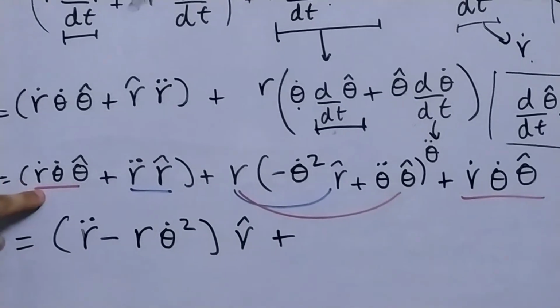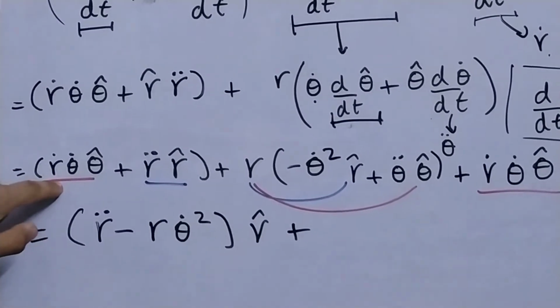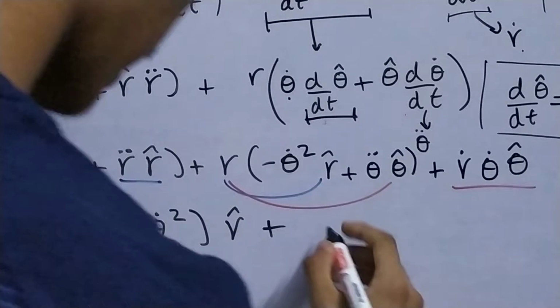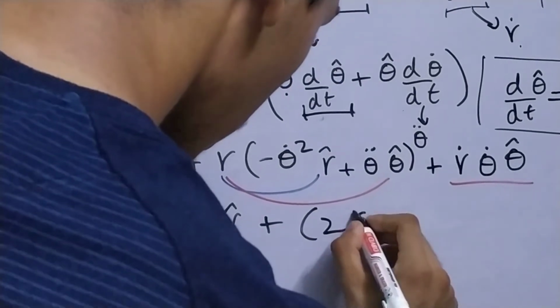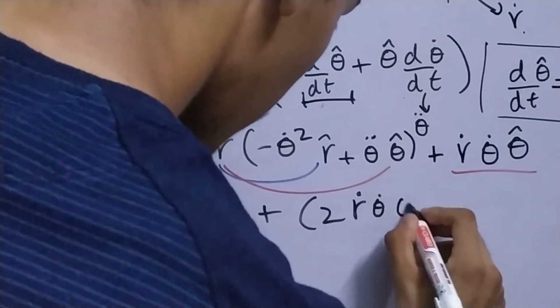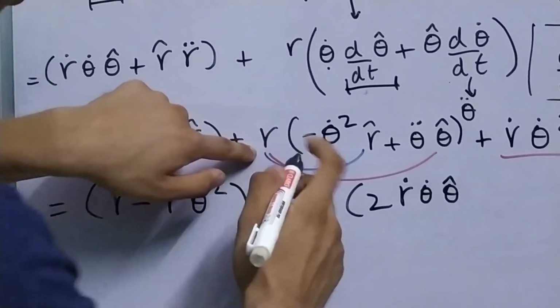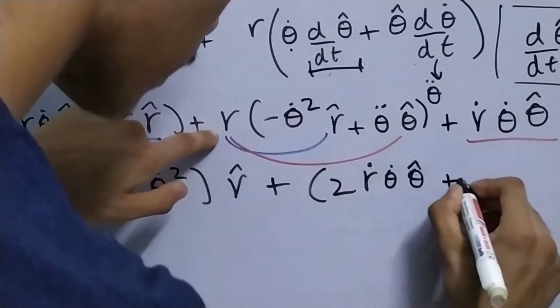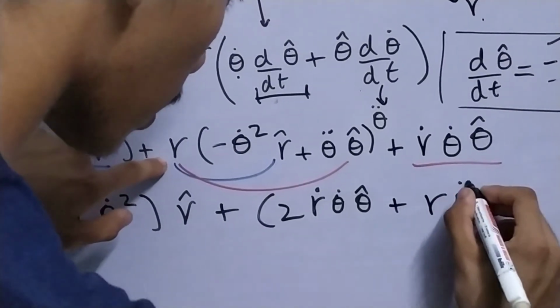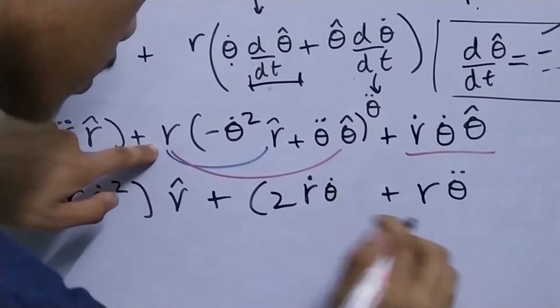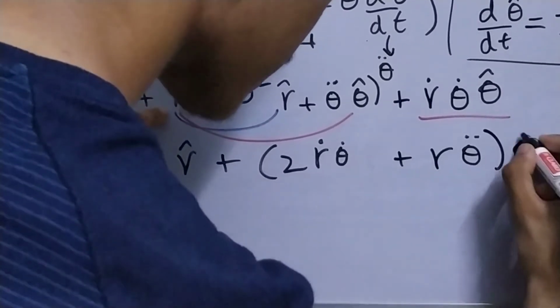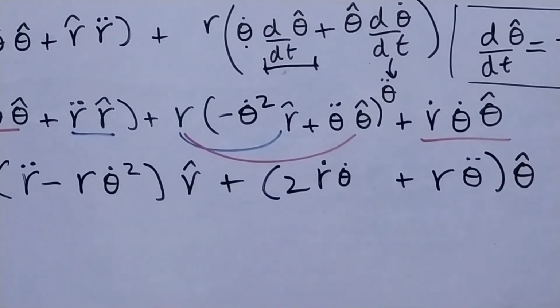So you have r theta dot theta cap and r theta dot theta cap. So you get 2 r dot theta dot theta cap, and one you will get by opening this expression. So you have r theta double dot, this entire stuff in theta cap.